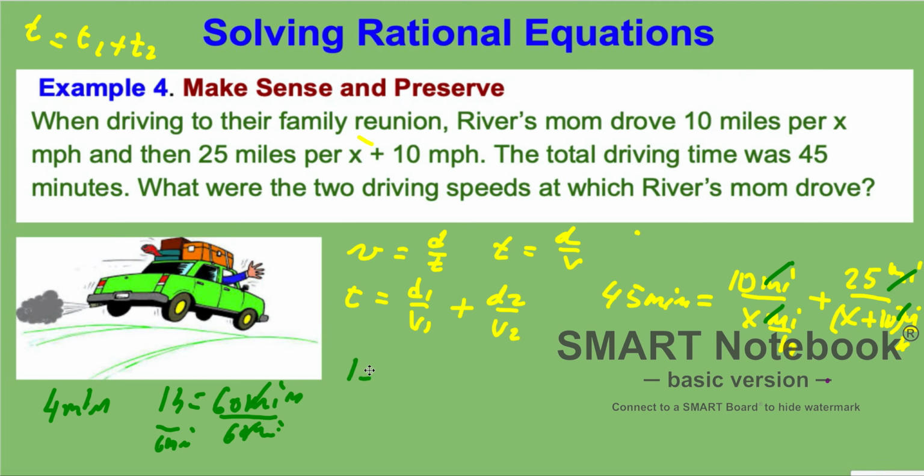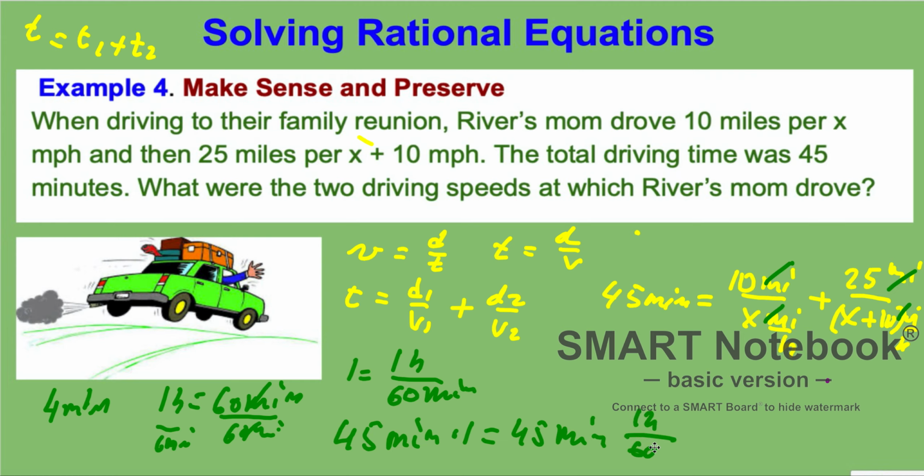Now I can use the identity property of multiplication times 1, substituting 1 hour over 60 minutes. Minute with minute cancels, and I have 45 over 60 hour.